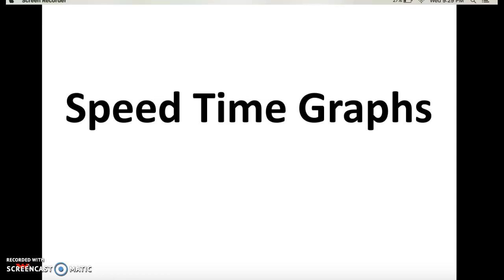Everything that we've learned this past week, I don't want you to get confused with what we're learning today. So push that to the side for now and let's focus on this one thing and see if we can understand this, and then we'll look at the two graphs together maybe at the beginning of next week. So let's dive into speed time graphs and talk about how we can read and interpret these.